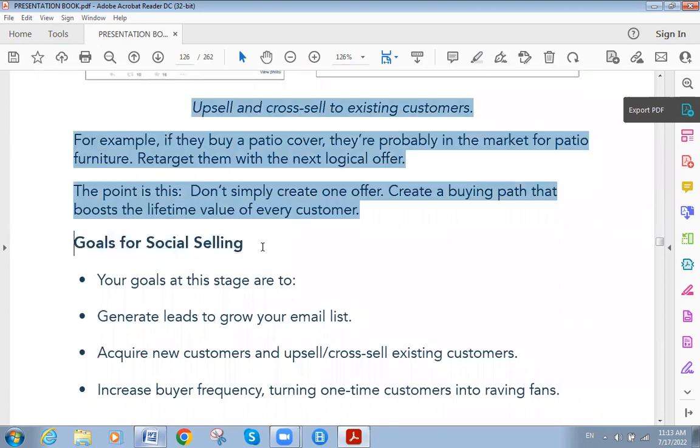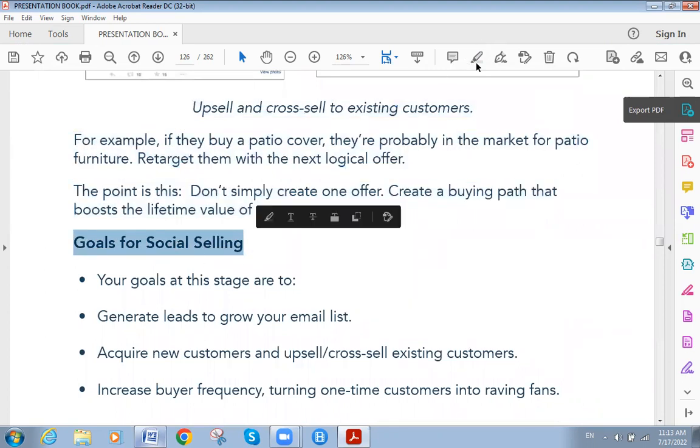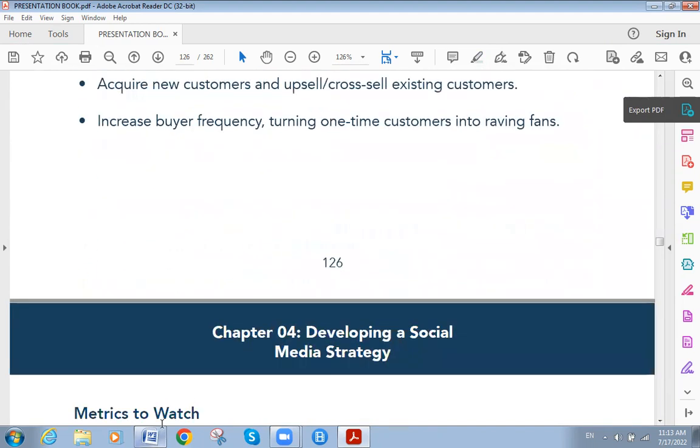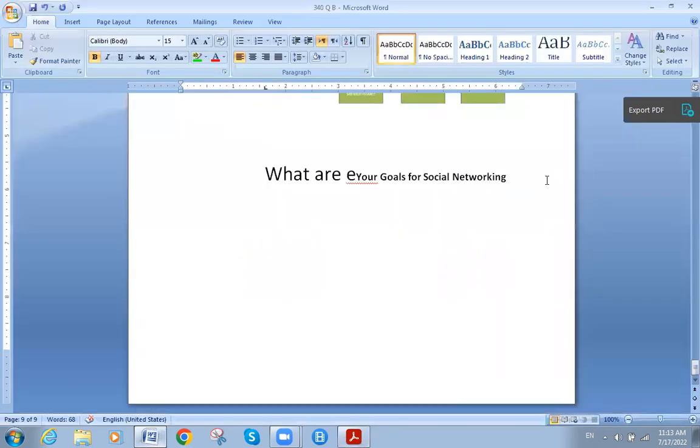The goals of social selling, this is what we care about. What are the goals of social selling? I will put it here as an example also.